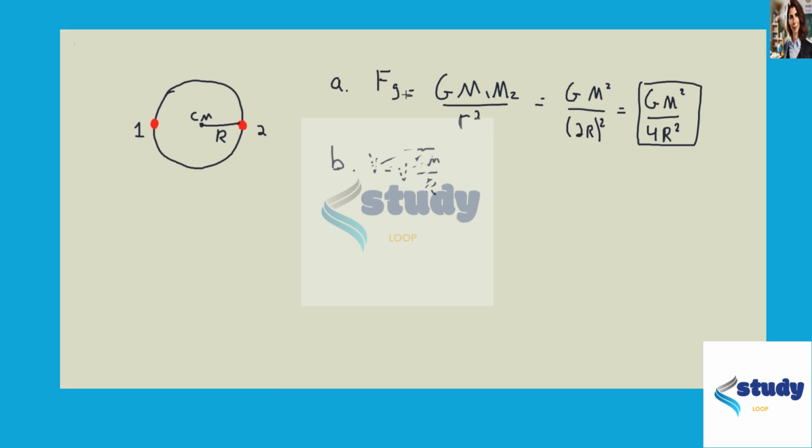The easiest approach is the fact that each object is moving in a circle, and the only force acting on it is this gravitational force. So this gravitational force is creating a centripetal force on each star, and we set it equal to that. On a given star, the gravitational force must equal the centripetal force. So we have G m squared over 4r squared, and the centripetal force is m v squared over r, most generally.